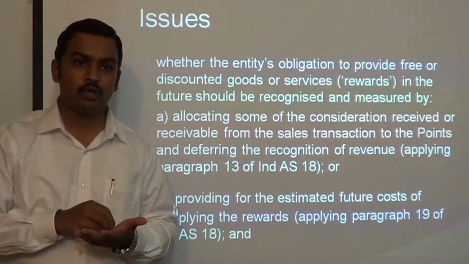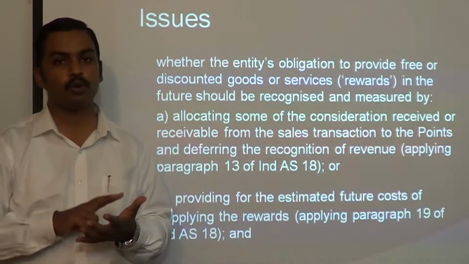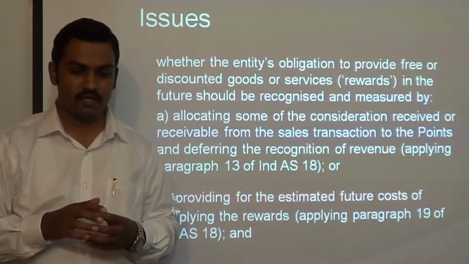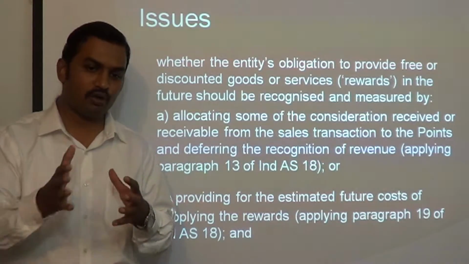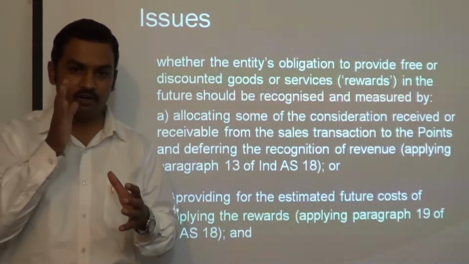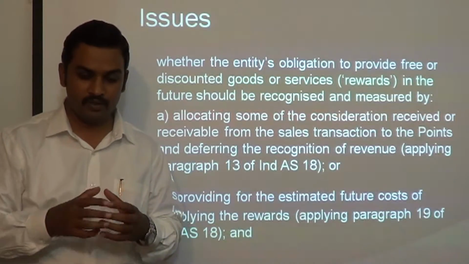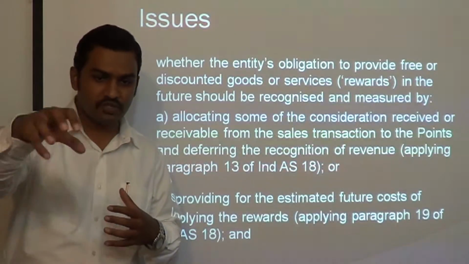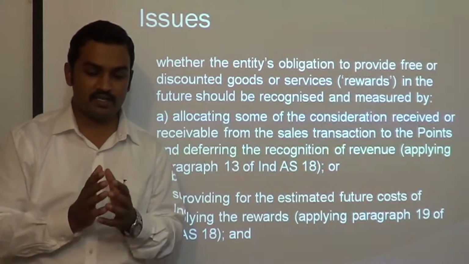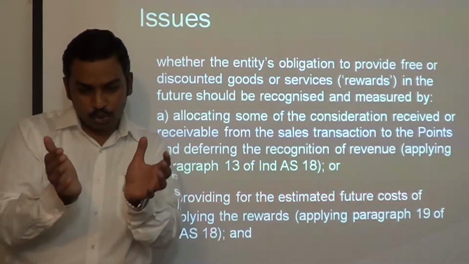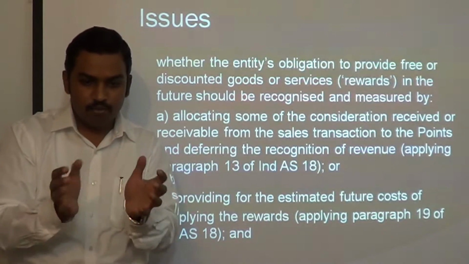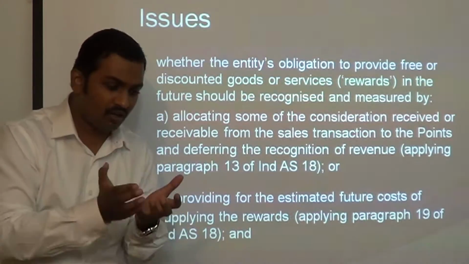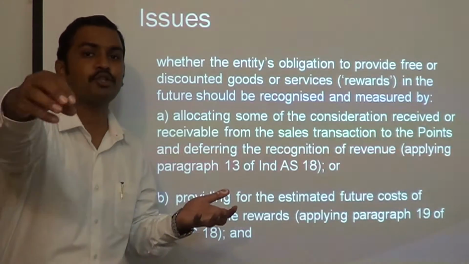So there are two options possible here. We can say there are two possible accounting policies, two ways of thinking about this issue. The first point of view, or one alternative accounting policy, is this: when the initial sale transaction takes place, under which we give some points to the customer, the total consideration received or receivable has to be allocated to the various parts of the sale transaction, and one of the parts is granting some points to the customer.